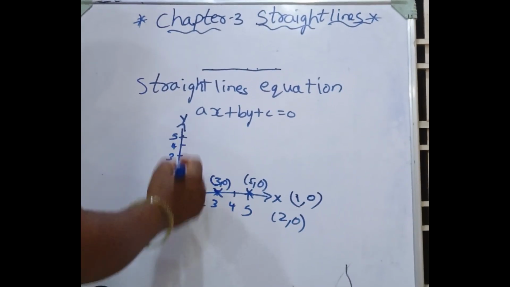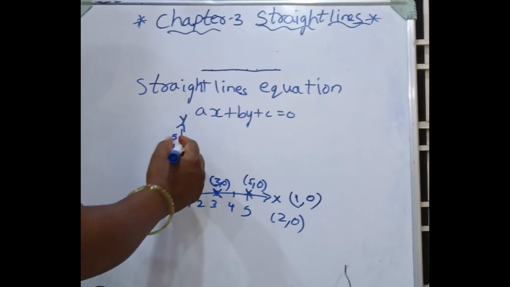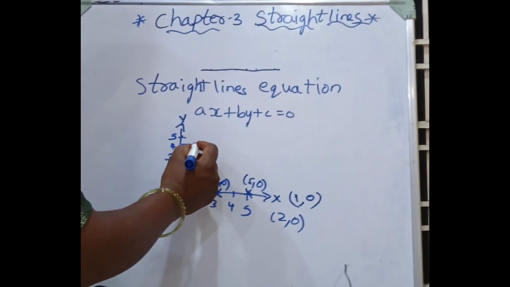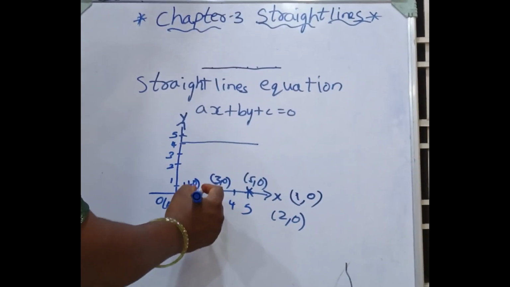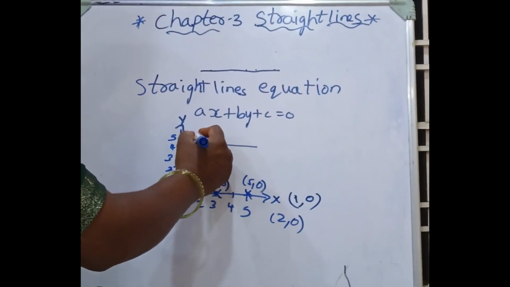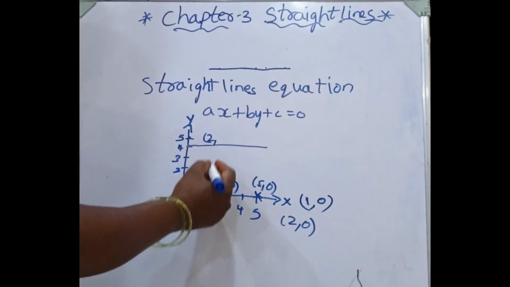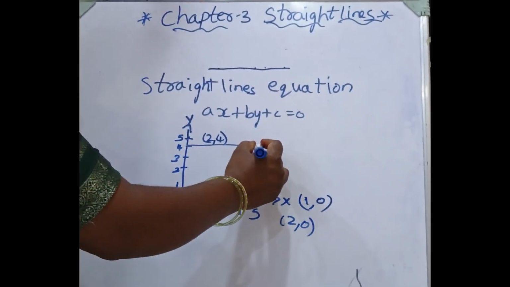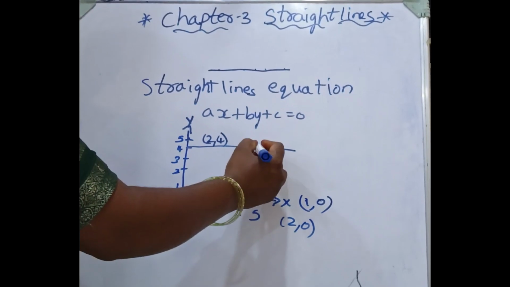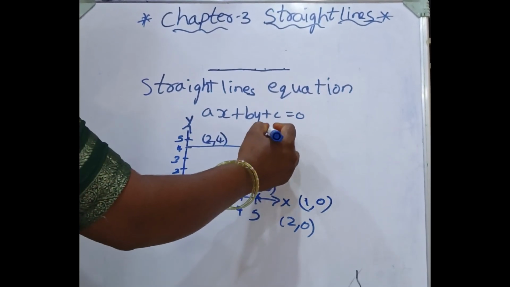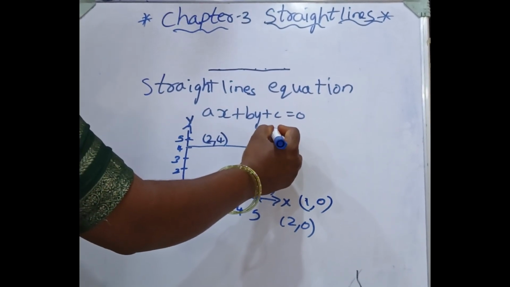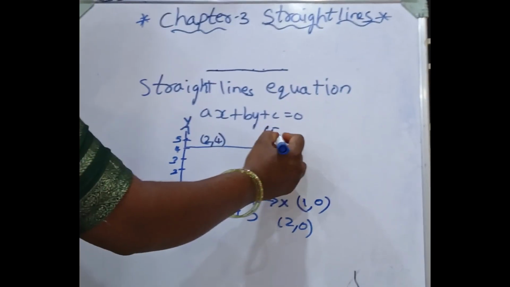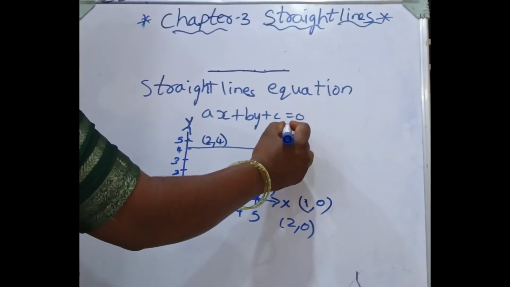Now on the y-axis, let us consider this point 2 comma 4. This is a fixed value on the y-axis. Let us consider 5 comma 4.